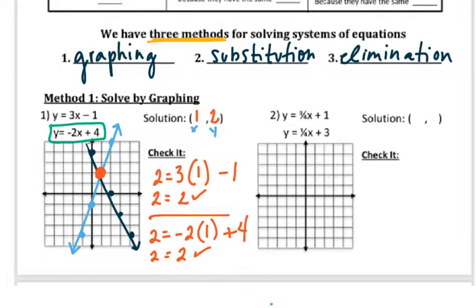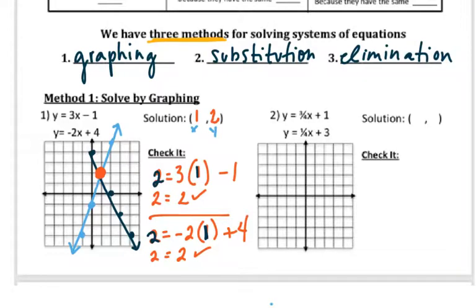If the left side equals the right side, it means it worked. It means that (1, 2) was a solution that would make the left side equal the right side. Same thing here. My ordered pair was (1, 2). So that's how we can check it. We just plug our x and our y back into the original equations to see if the left side equals the right side. And it did, so it works.